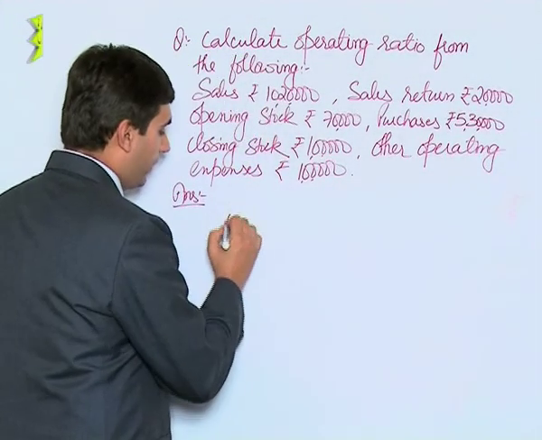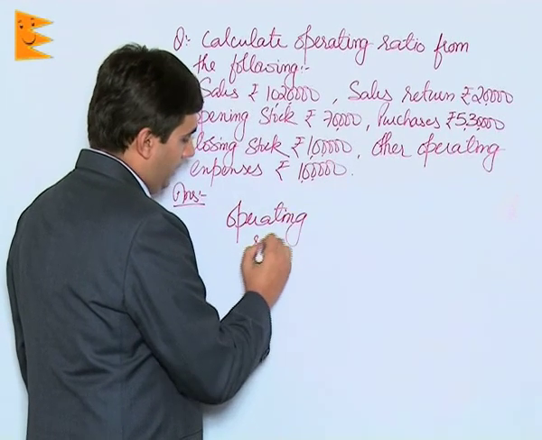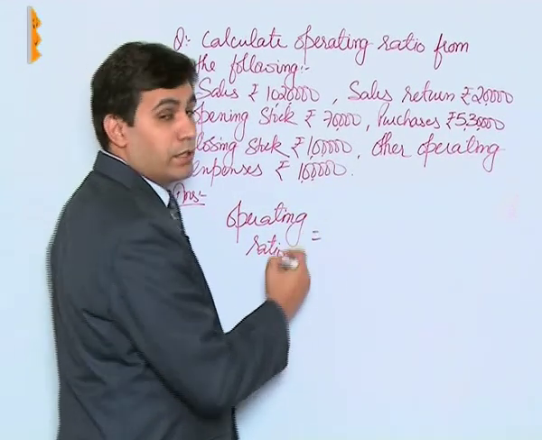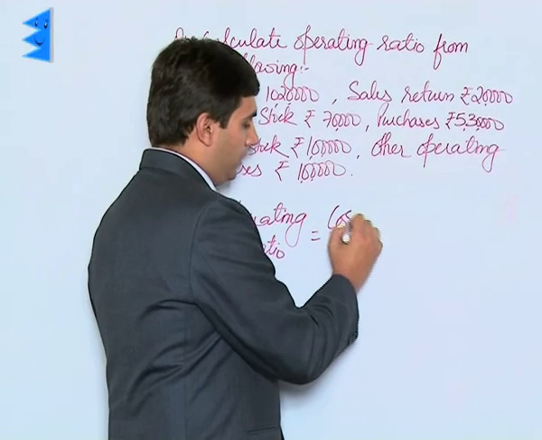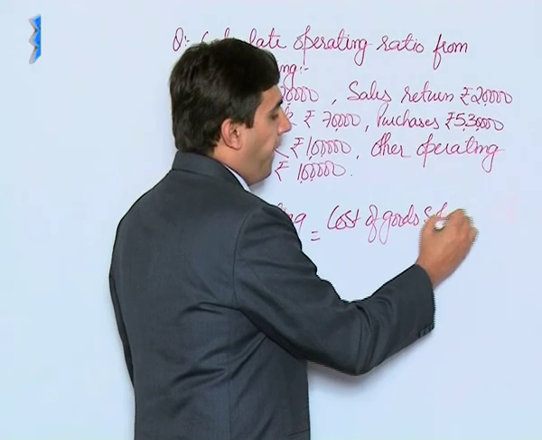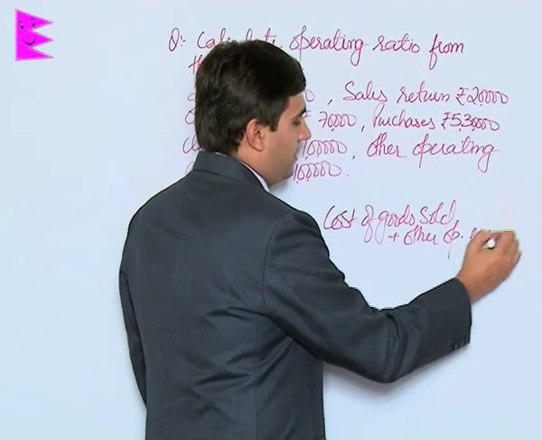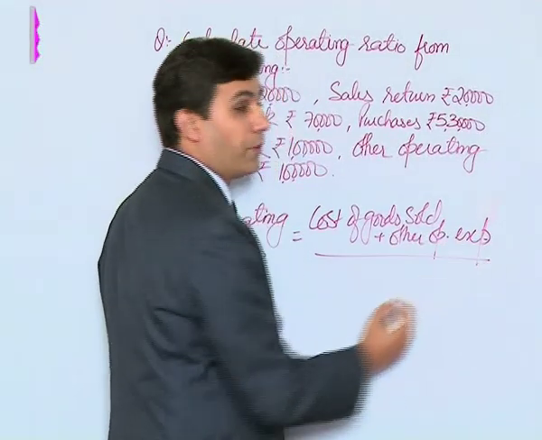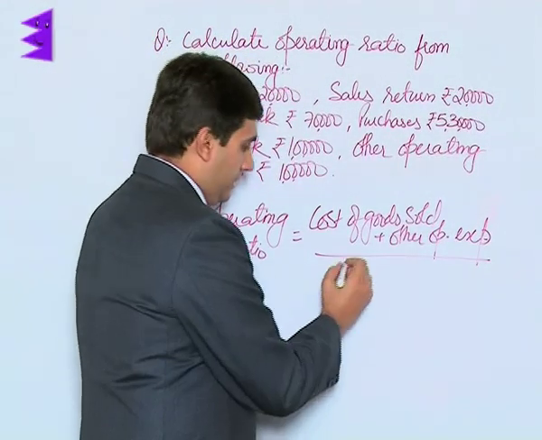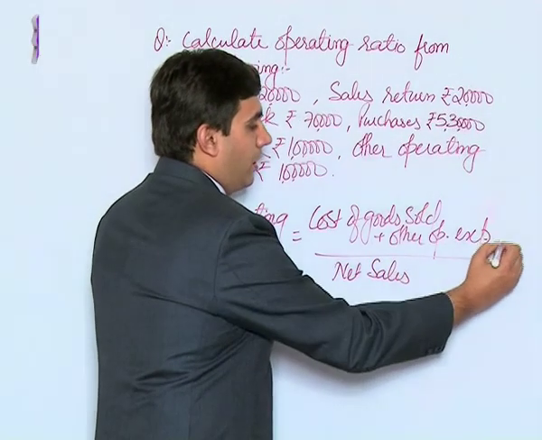The formula for operating ratio is cost of goods sold plus other operating expenses upon net sales into 100.